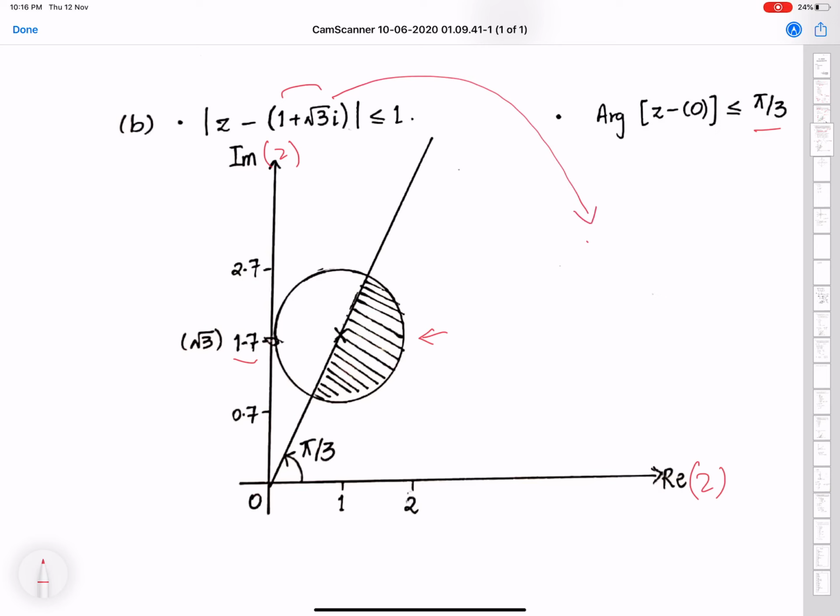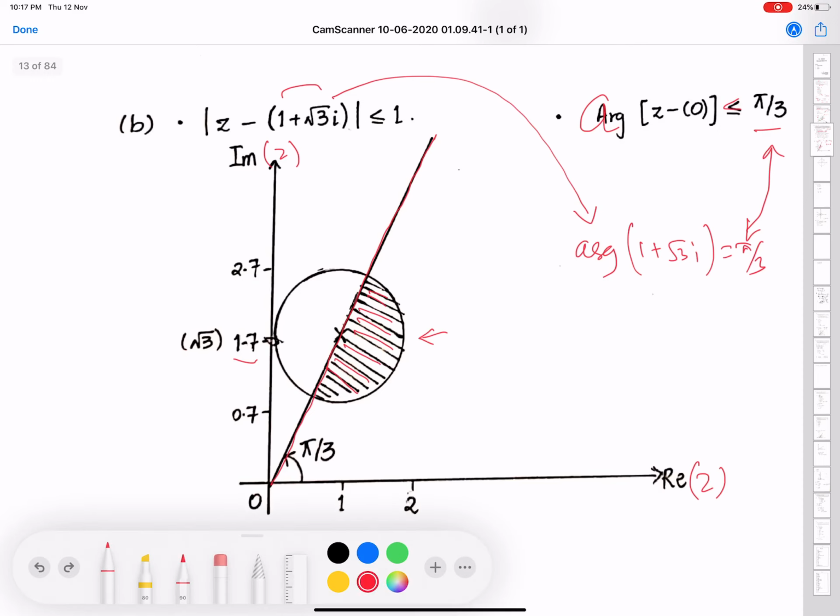If you find the argument of this center, you will get pi by 3. So they both are the same. That means this argument line will pass through the center. This is the line of argument, and this must pass through the center, and this is the required region, because it's mentioned that argument z is less than or equal to pi by 3. This is very simple, and argument is mentioned with small a.